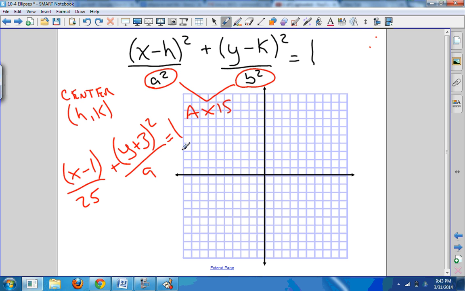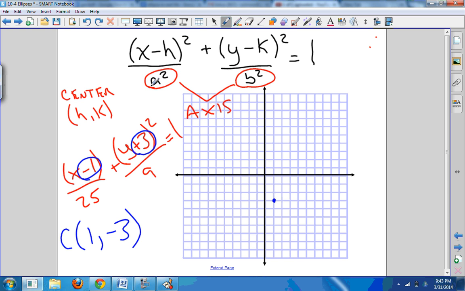So we have an equation here, right? So parts of an ellipse, we have a center. The center of this one is going to be at positive 1, negative 3, right? We change the sign, so positive 1, negative 3. Positive 1, down 1, 2, 3 is going to be the center of my ellipse.